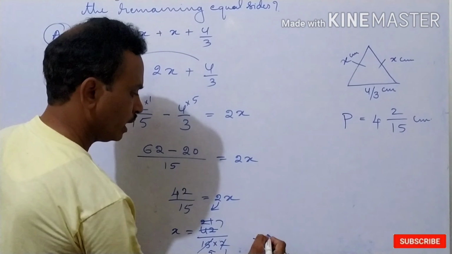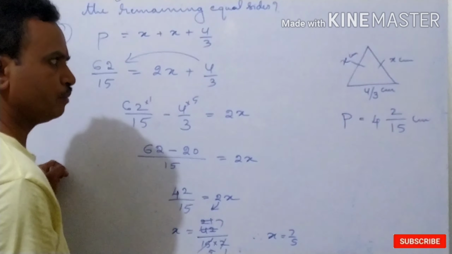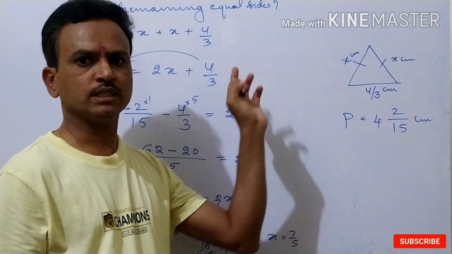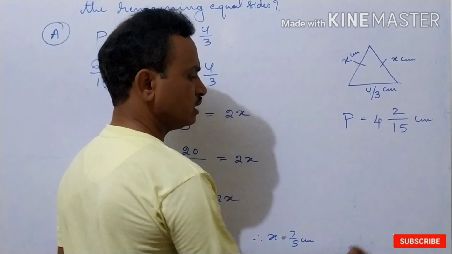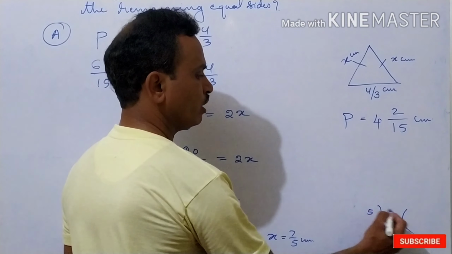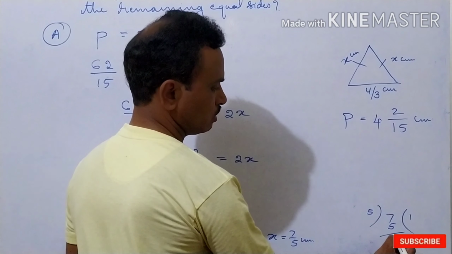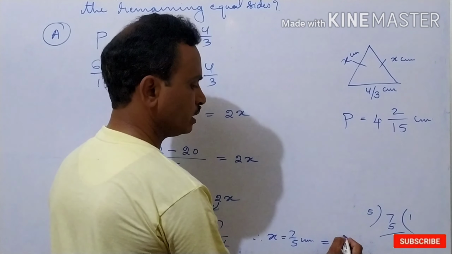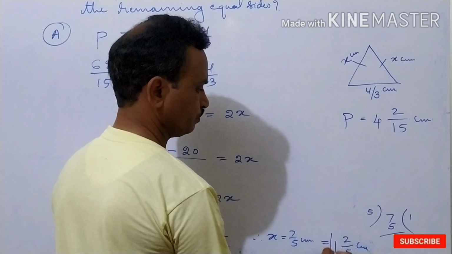So therefore x is equal to 7 by 5. That means here remaining two sides are equal to 7 by 5 centimeter. Or this one now we can write in mixed fraction. 5 1s are 5, remainder 2. Okay. So this is equal to 1 integer 2 by 5 centimeter.